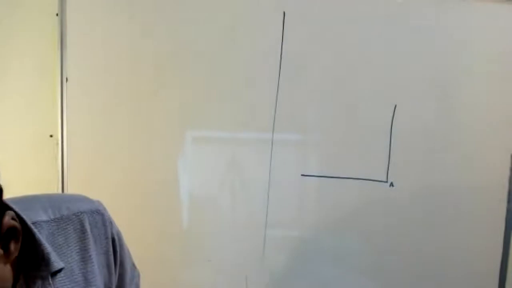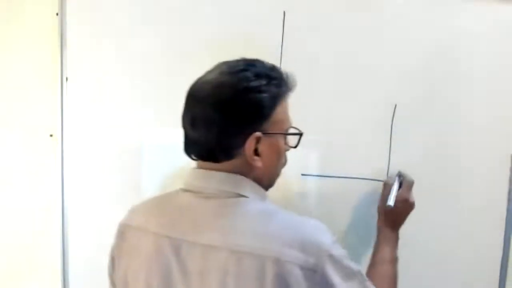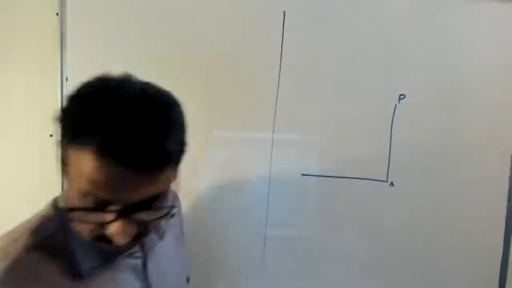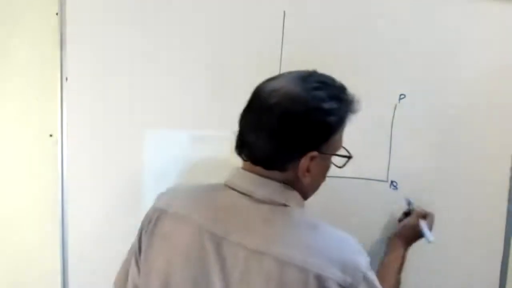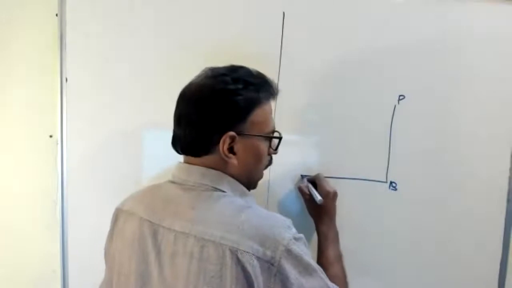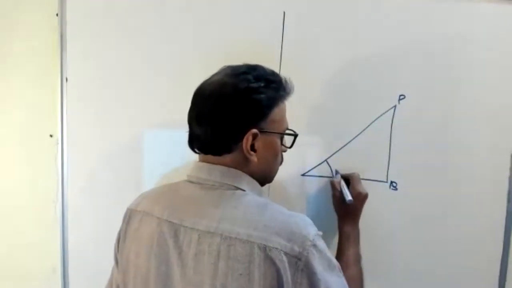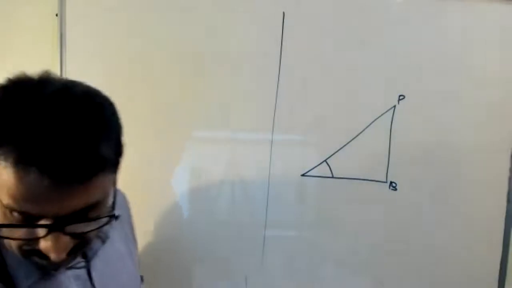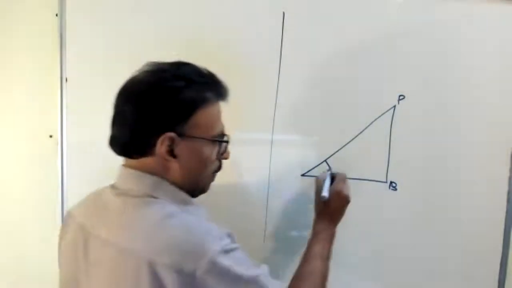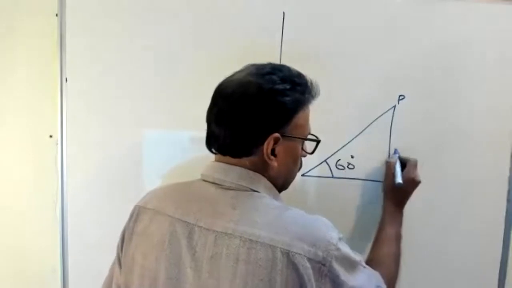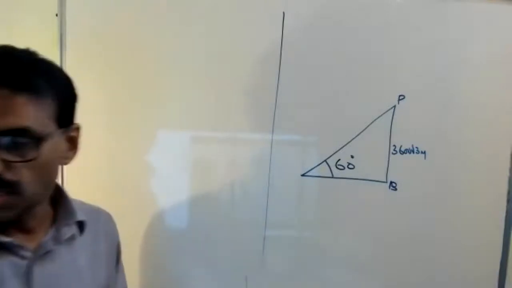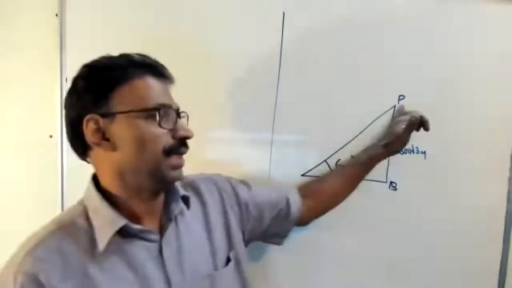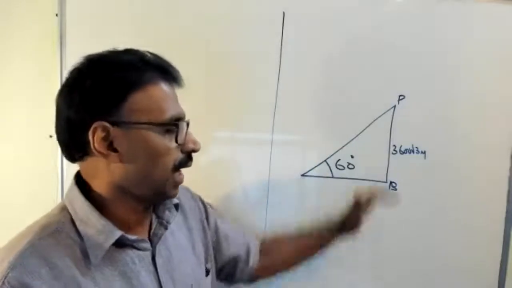Originally the flight is at P. One guy is looking at the flight at an angle of elevation of 60 degrees.